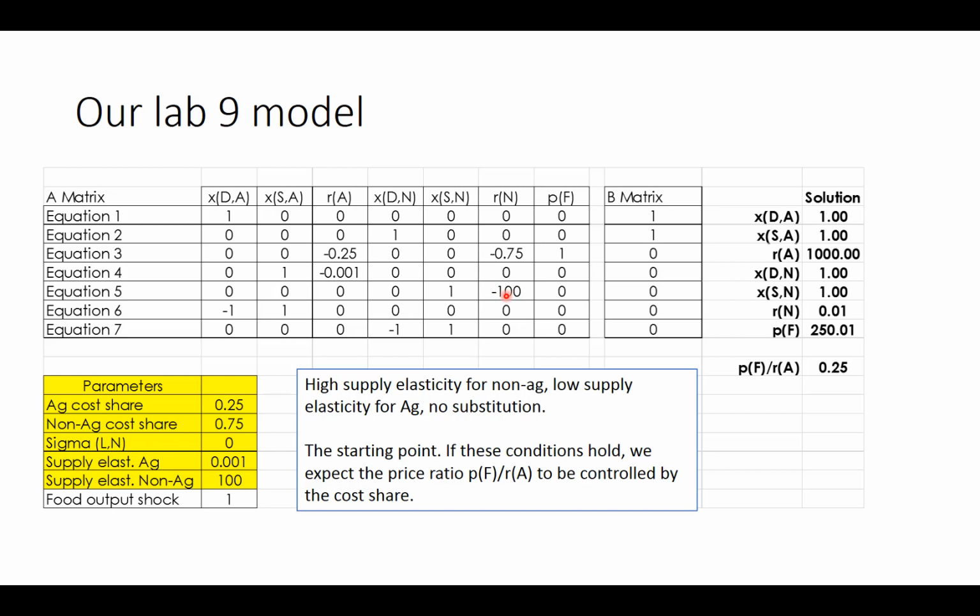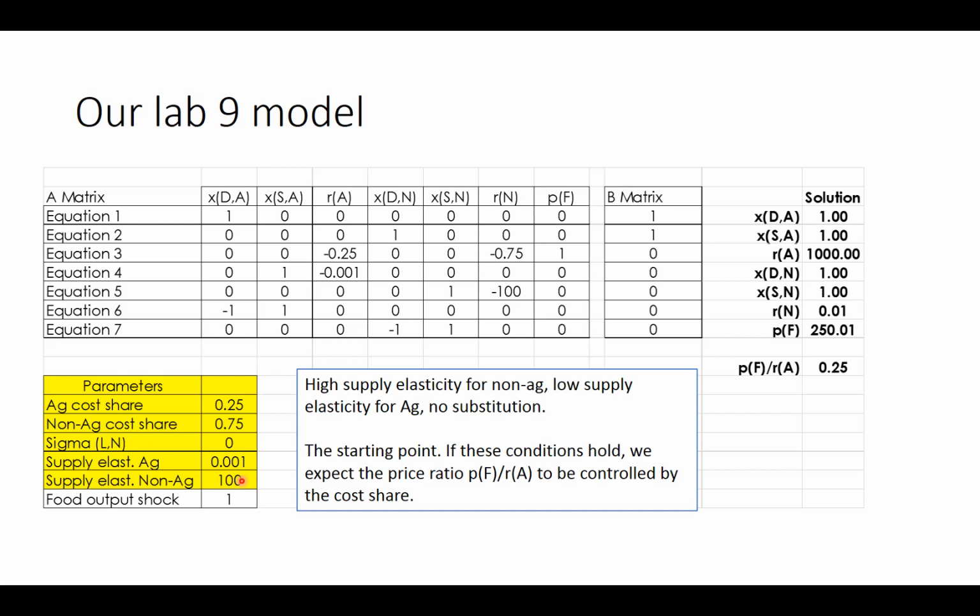I give you a base assumption in the spreadsheet. It looks like this. The ag cost share is 0.25, the non-ag cost share is 0.75. This is just the starting value, so we're actually going to change these assumptions. Substitution elasticity is 0. The supply elasticity is very small for the ag product. For the non-ag product, it's quite large.